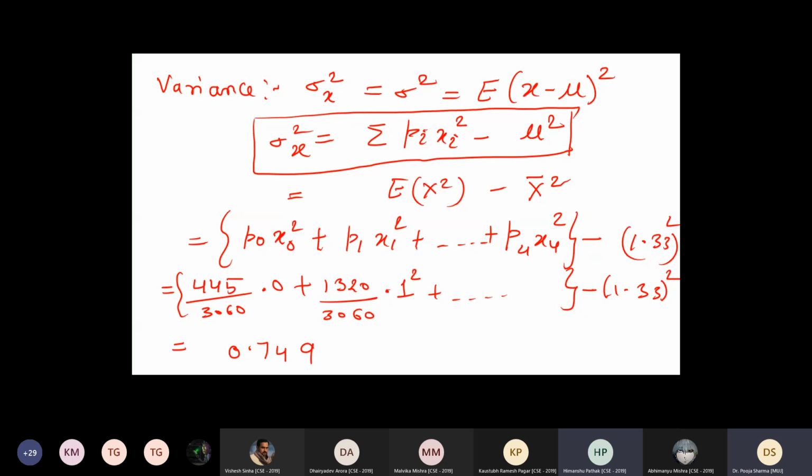So what is the standard deviation? Tell me the SD. Yes, what is the standard deviation? Under root of sigma squared. 0.8607.